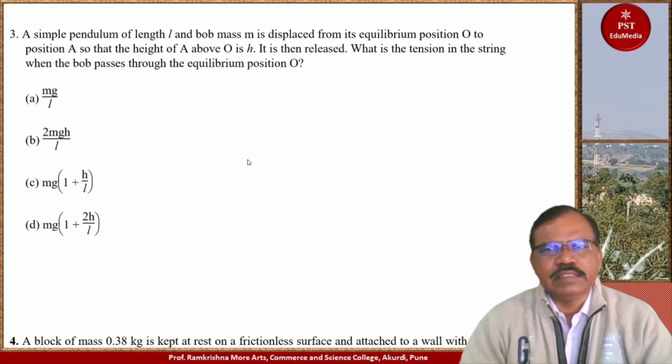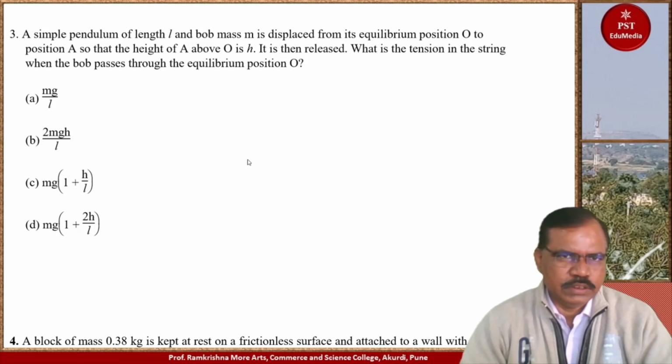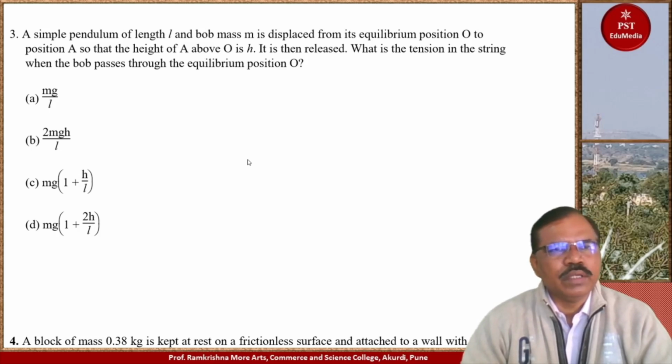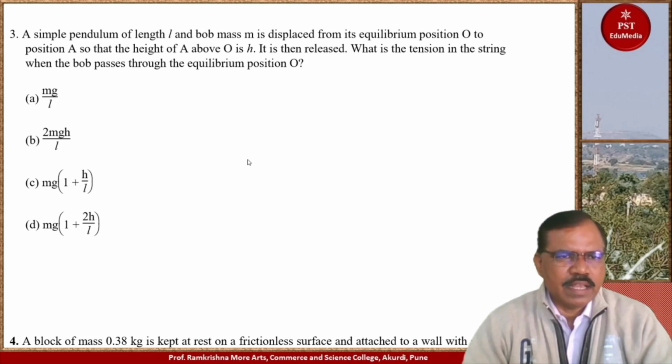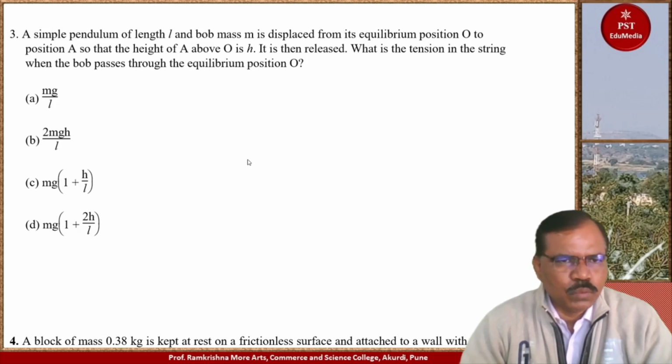What is the tension in the string when the bob passes through the equilibrium position? A, mg upon L; B, 2 mg h upon L; C, mg in bracket 1 plus h by L; D, mg in bracket 1 plus 2h by L.